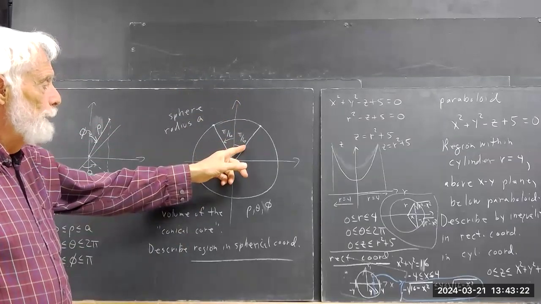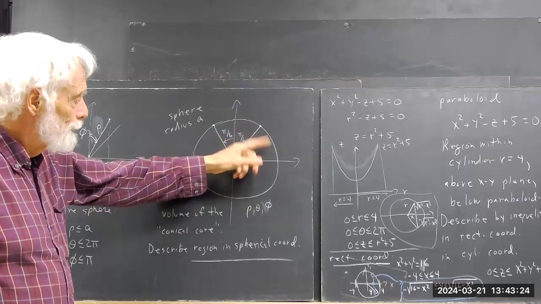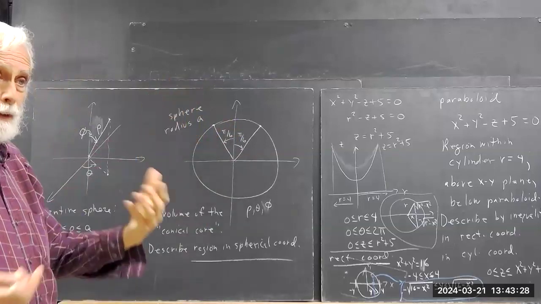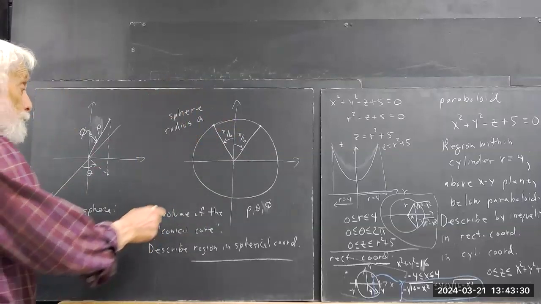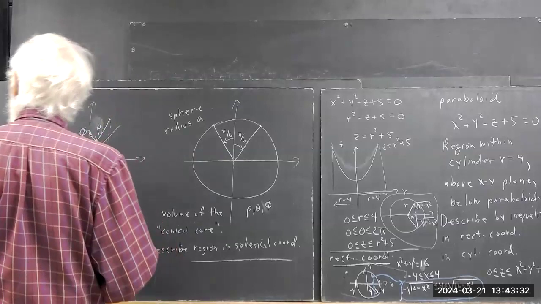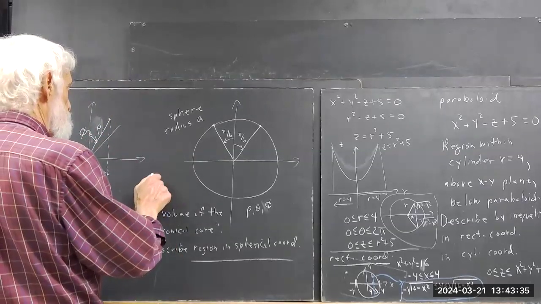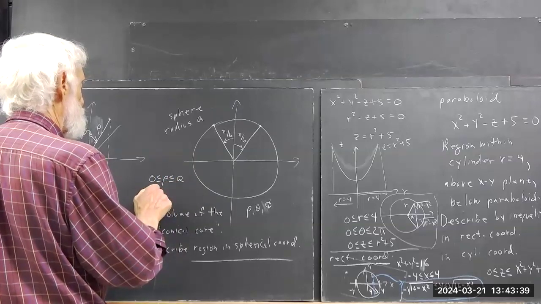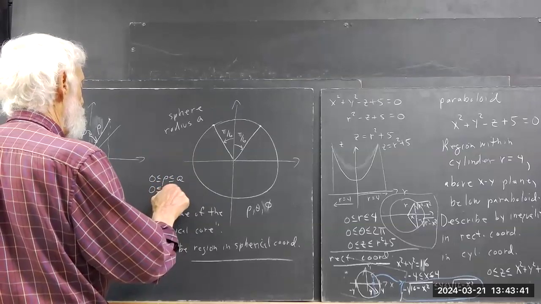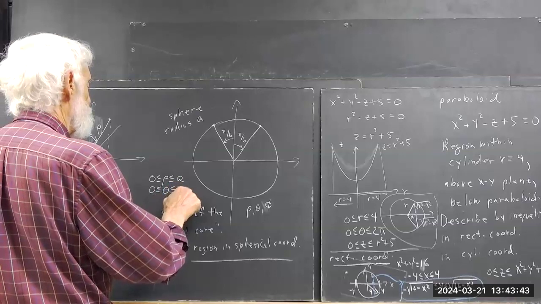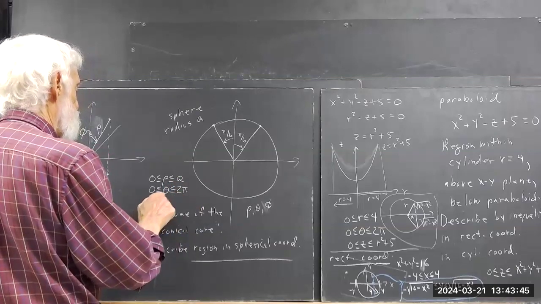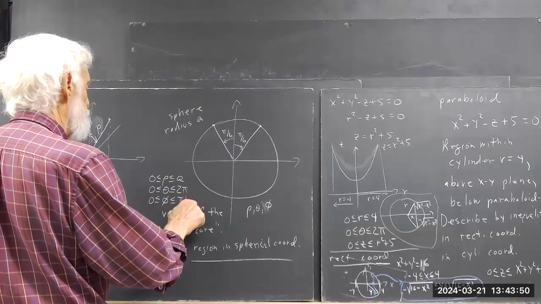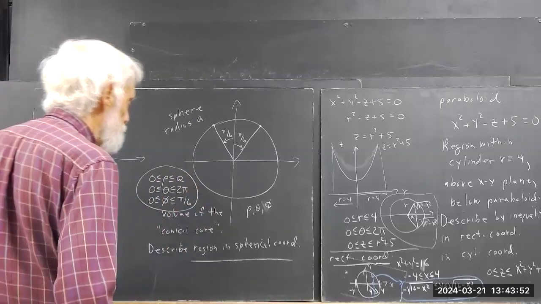Your angle can't exceed pi over 6. If you went down to pi over 4, you'd be down here and you'd be outside that cone. So the cone is going to be described by 0 less than or equal to rho less than or equal to A, 0 less than or equal to theta less than or equal to 2 pi, 0 less than or equal to phi less than or equal to pi over 6. And there it is.